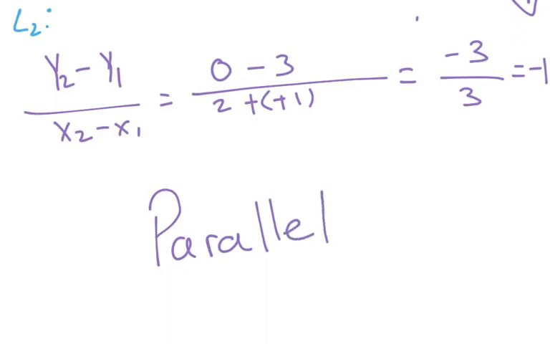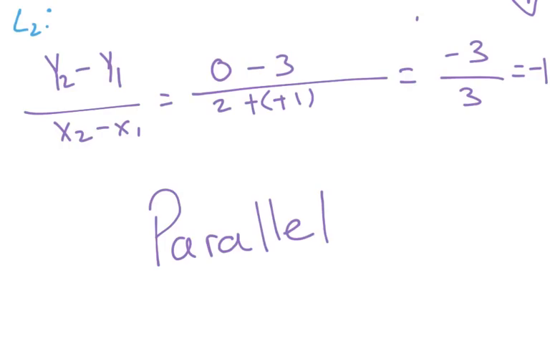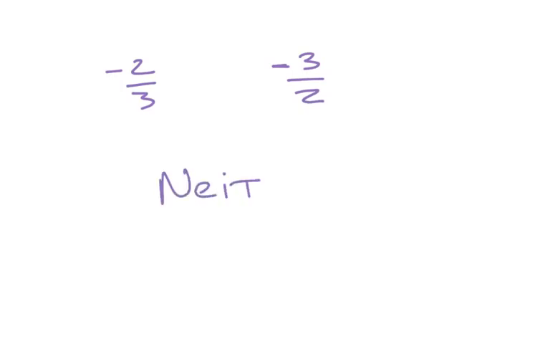Please be advised that when you're working through these problems, you can get neither. Common cases of neither that they like to give you is -2/3, and then the next slope is -3/2. This is neither, and you may be thinking, but Mr. Anderson, I flipped it.